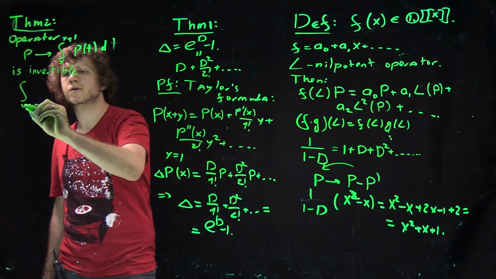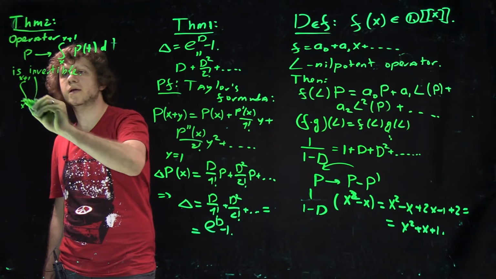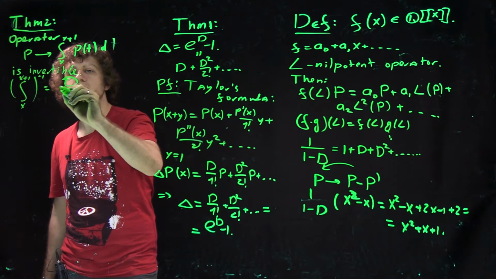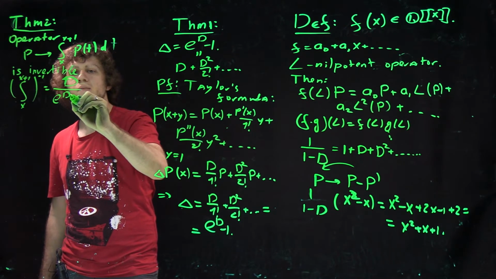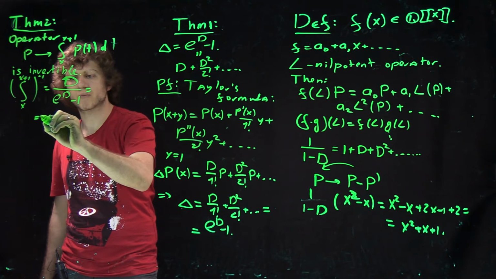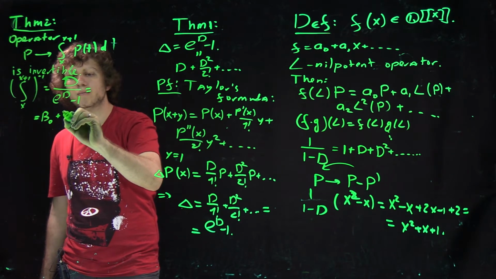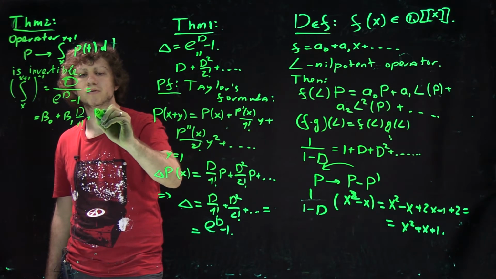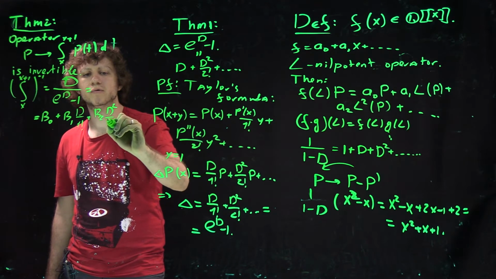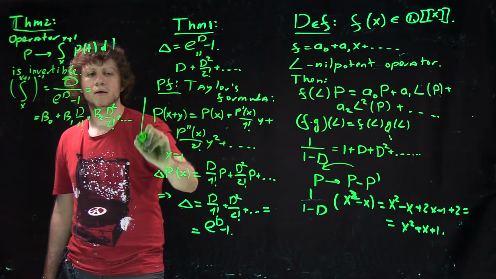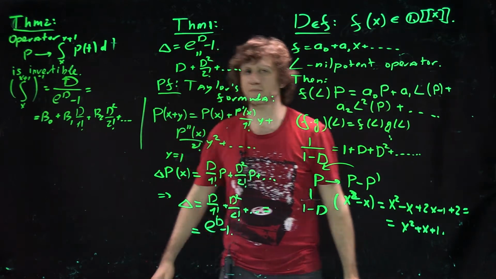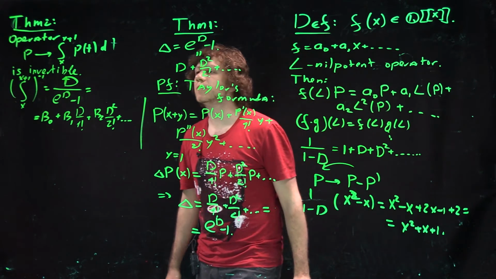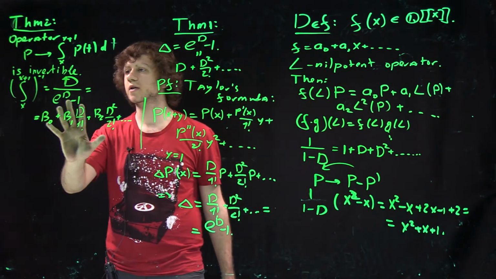And the inverse of the integral from x to x plus 1 is equal to D divided by e to the power D minus 1, which is, formally speaking, b0 plus b1 D over 1 factorial plus b2 D squared over 2 factorial plus, and so on. So this is the statement. To even make sense of it, we need to be very careful. What do I mean here, and why is this true?